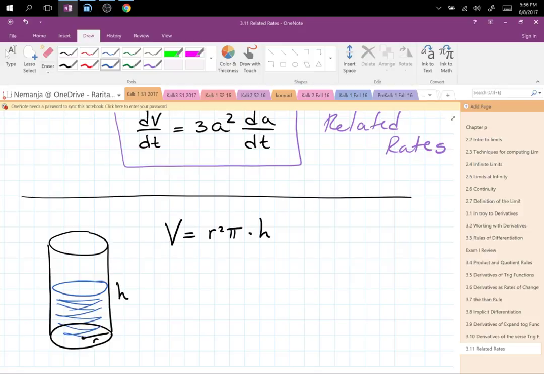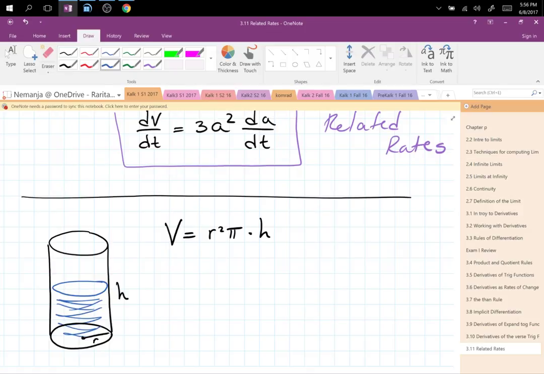Then we move on to R. Is the radius of the can changing as you are drinking? No, right? The radius of the can would always be, let's say, an inch and a half. So R in this particular problem is not changing. R is constant, therefore not a variable.